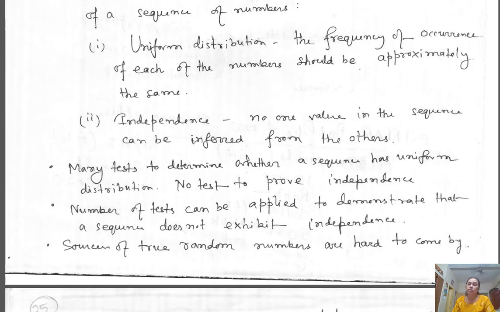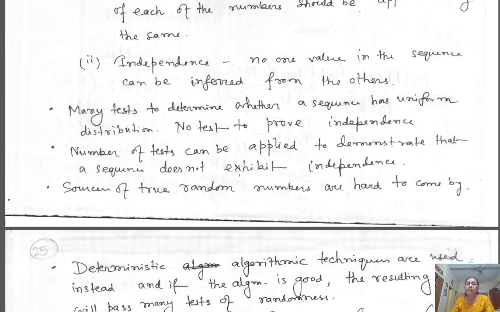For this we generally perform many tests to determine whether a sequence has uniform distribution. However, there is no test to prove independence. A number of tests can be applied to demonstrate that a sequence does not exhibit independence.